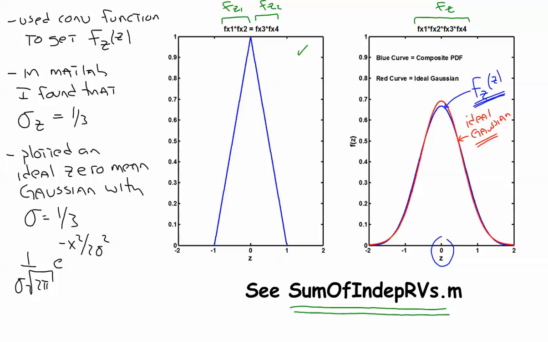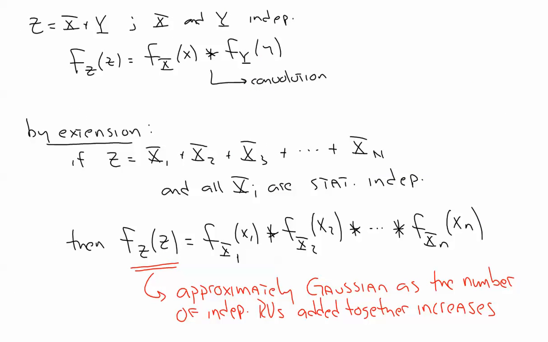If I convolved many more statistically independent random variables, the blue curve and the red curve on the right-hand side of this page would be virtually indistinguishable from one another. Okay, so I haven't proven to you this statement at the bottom of the page. I haven't proven that to you, but I think I've demonstrated it pretty well by example.